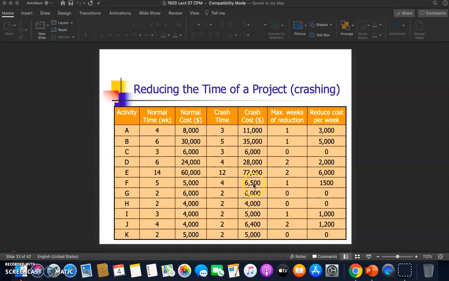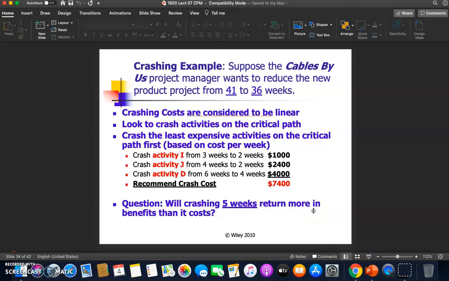This is how it works. So crashing costs are considered to be linear. Look to crash activity on the critical path. Crash the least expensive activity on the critical path first, based on cost per week.